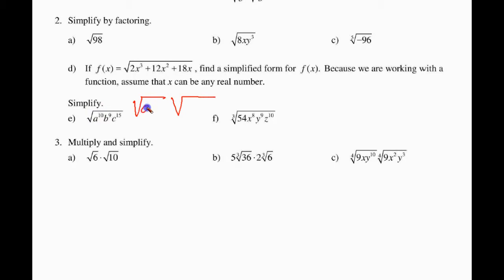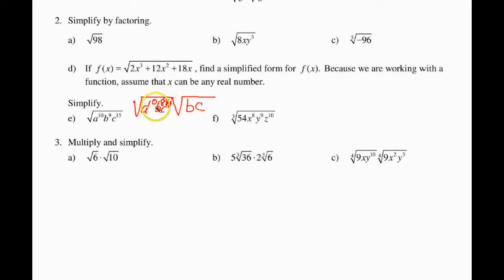So a to the 10th is a perfect square, anything even. B to the 8th is a perfect square with a B left over. C to the 14th, I'm running out of room a little bit, with a C left over. So this is the 14th here.